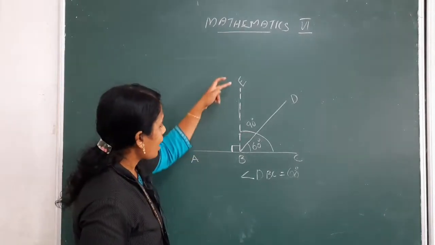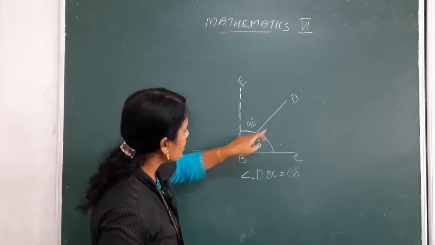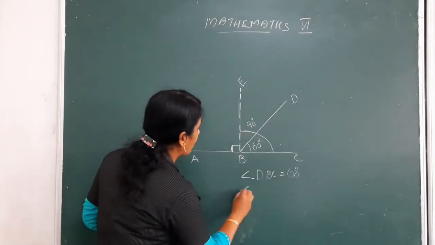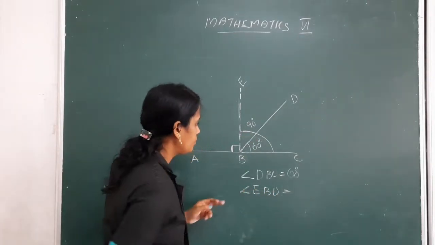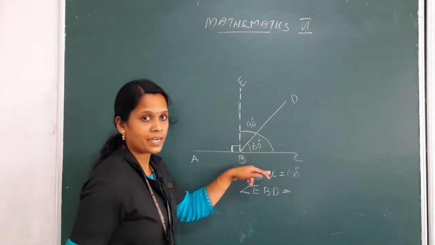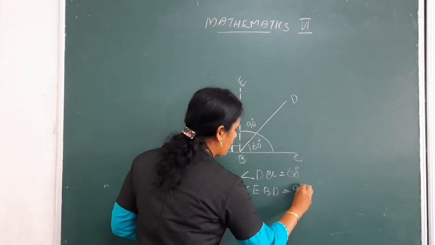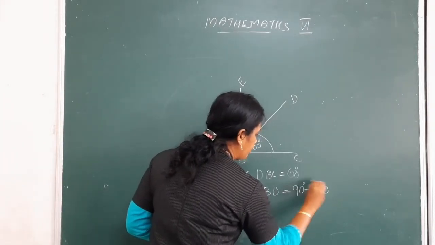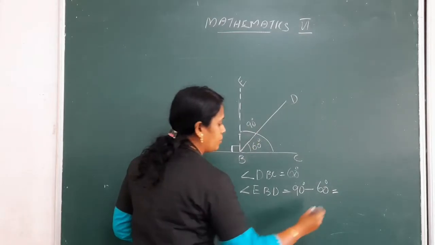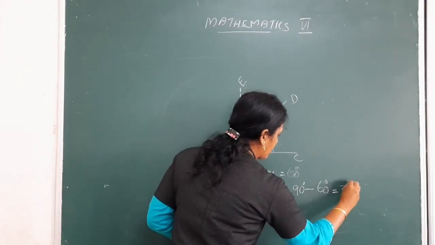So here angle EBD is equal to total 90 degree. So 90 degree minus 60 degree is equal to 30 degree.